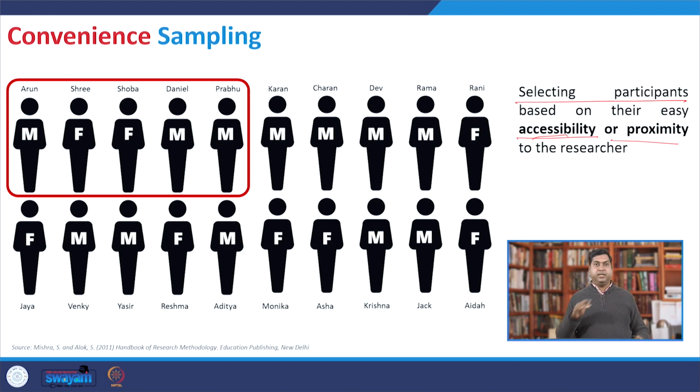Now if I only want to tap their understanding of the subject, and all of them are first year, then taking any five students, or a few students I know, will be good enough. But say, for example, I want to do it for the entire program, suppose a five year architecture program, and I want to understand the student perspective on architecture education: how they think, how important it is, and so on.